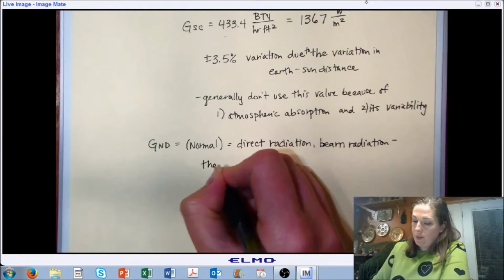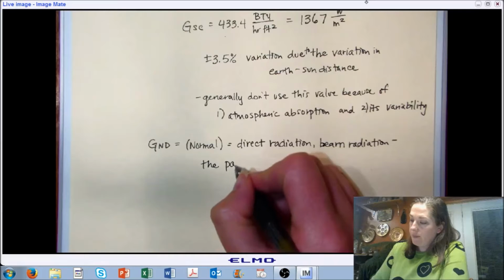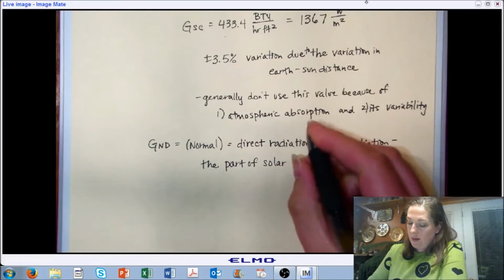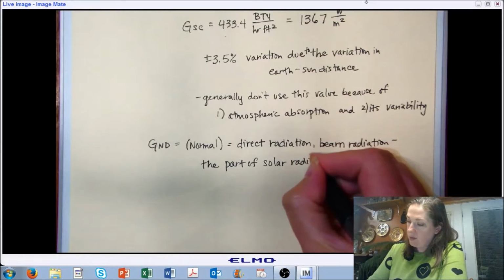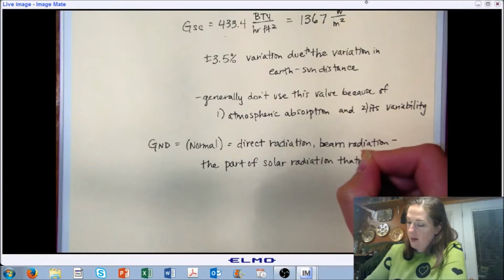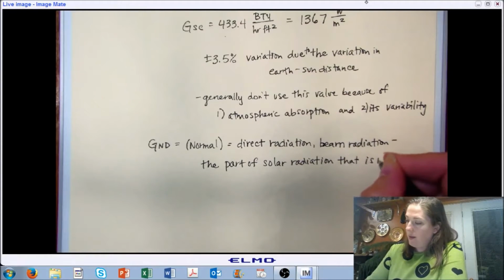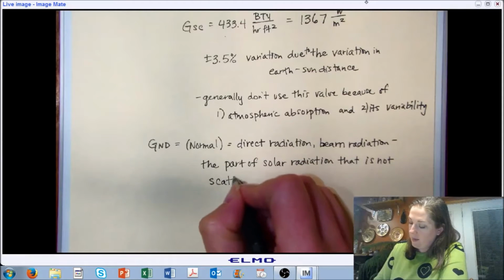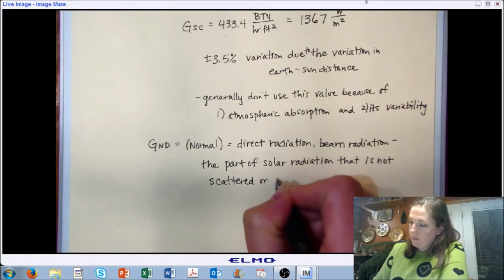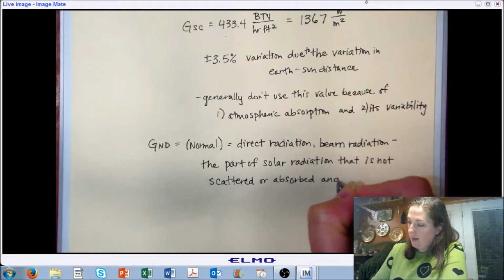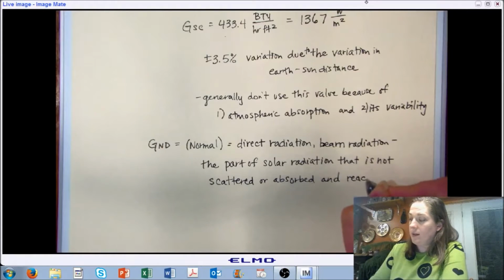And this is referring to the part of solar radiation that comes through the atmosphere from the sun that is neither scattered nor absorbed and reaches the Earth's surface, and thus the surface that we're interested in.